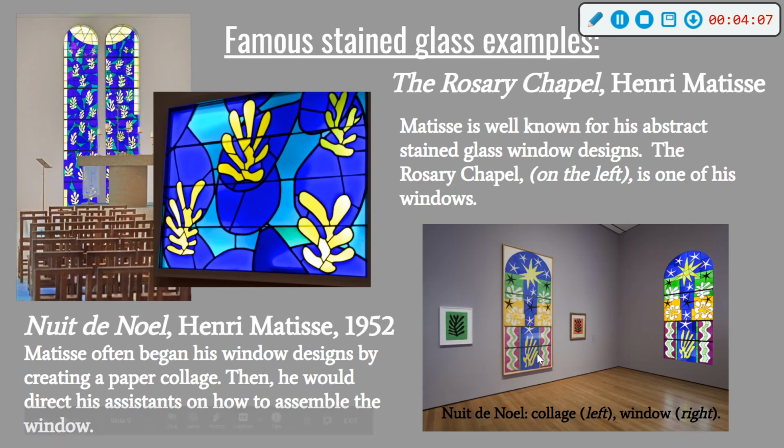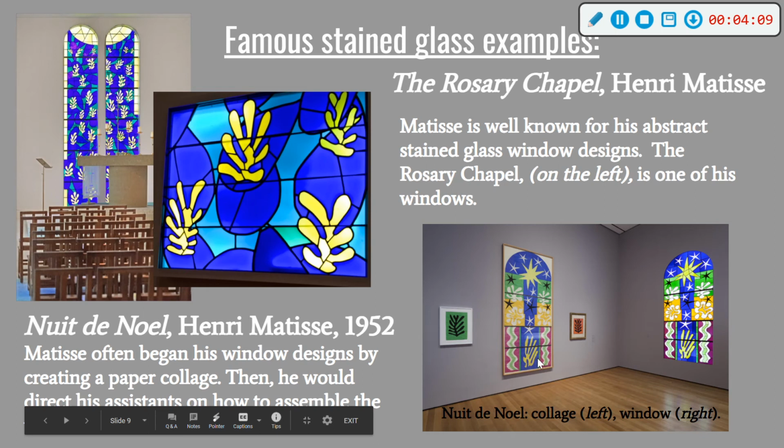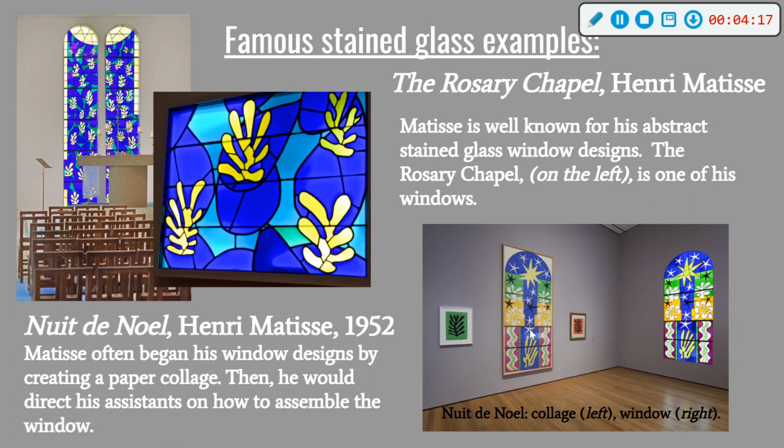So he would cut the collage knowing that he was basically making a blueprint for the window. And he had assistants that he would instruct on how to put the windows together. So he would come up with a design, and then they would produce the window.